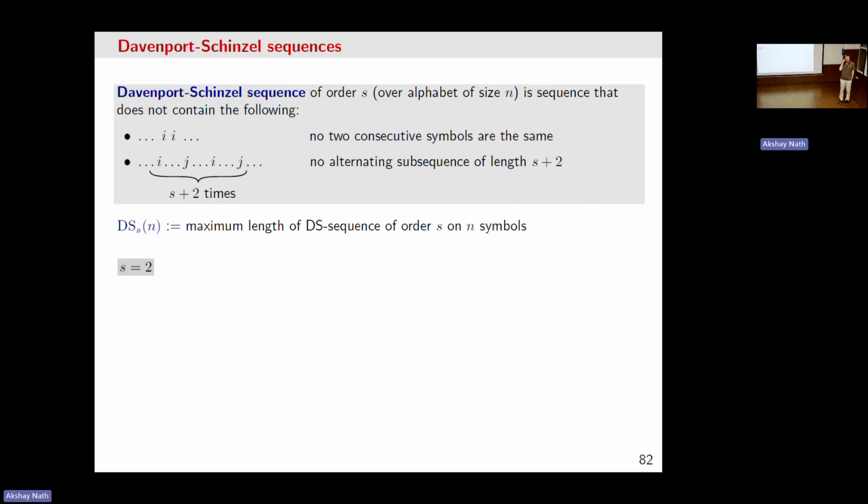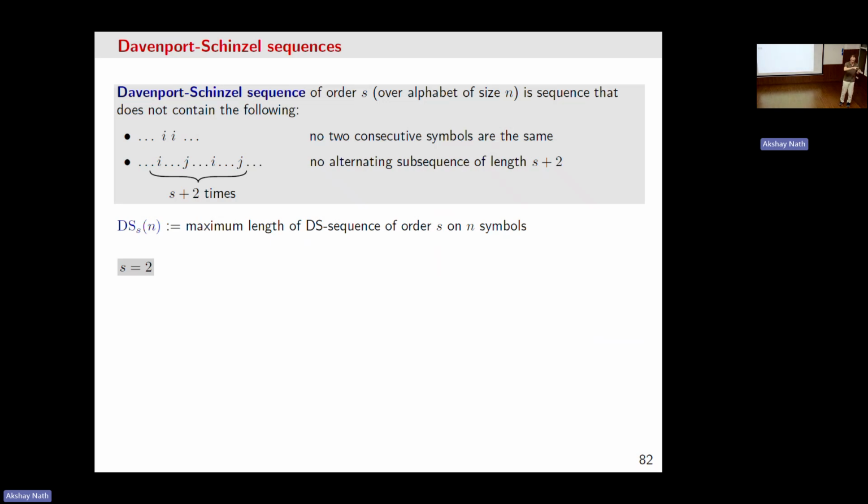S equals 2. Does anyone already have something longer than n? 2n minus 1, how do you get it?